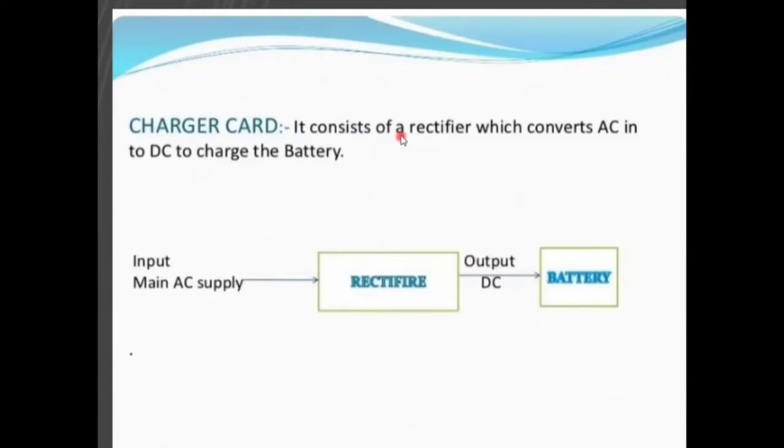This is the rectifier block, and this is the input main AC supply. When the main AC supply of 230 volt is applied, the rectifier block converts AC into DC, and the battery connected here is fully charged from the output of the DC rectifier.